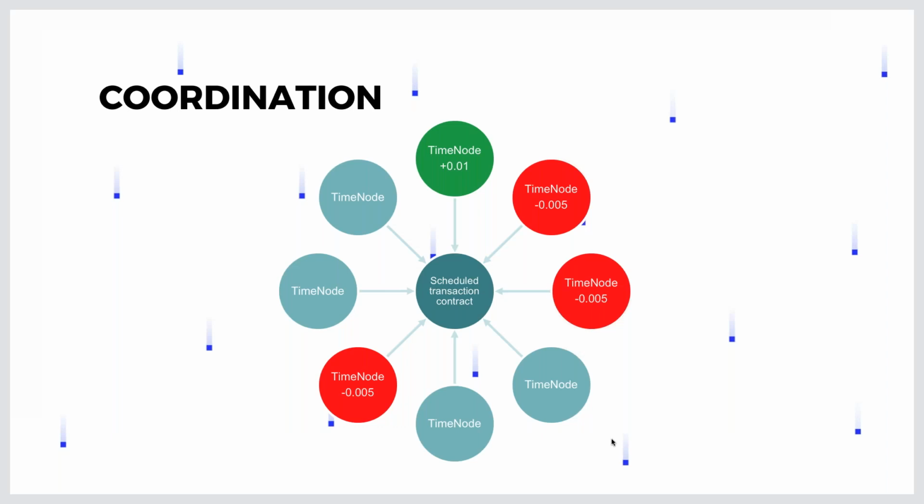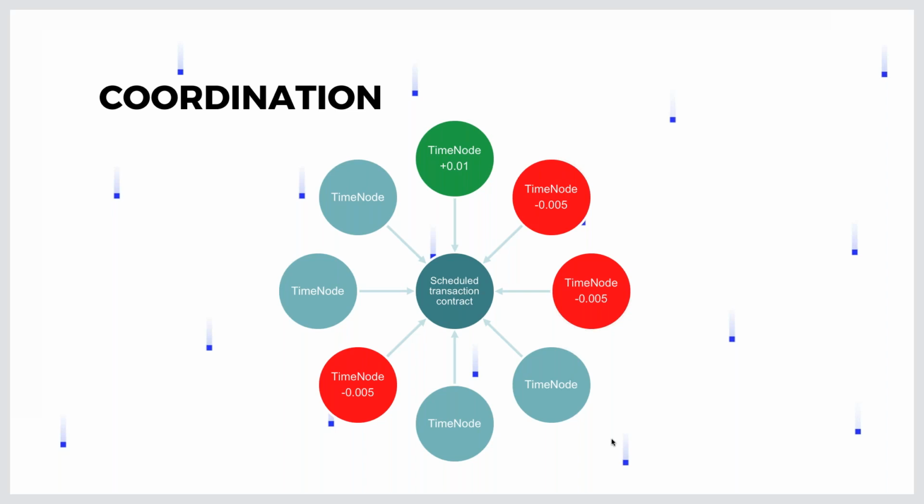The third problem is the coordination problem. Here you see what the coordination problem looks like in the on-chain execution market. The object in the center is a scheduled transaction, and then you have multiple nodes that are trying to execute it at any given time.